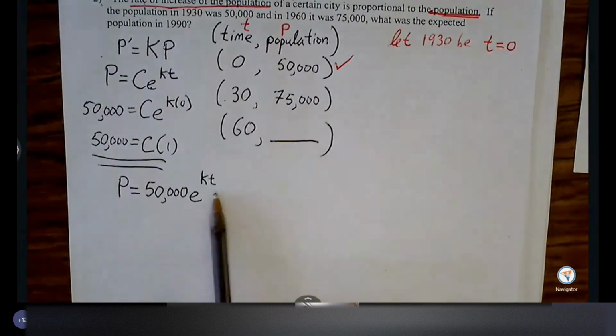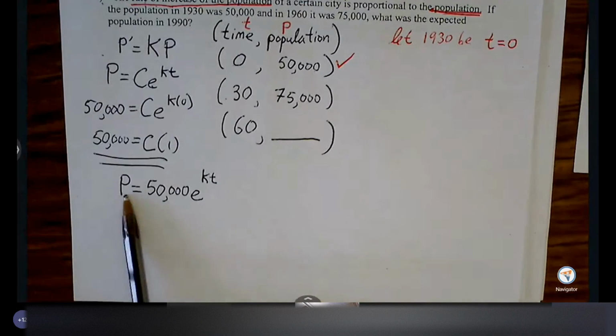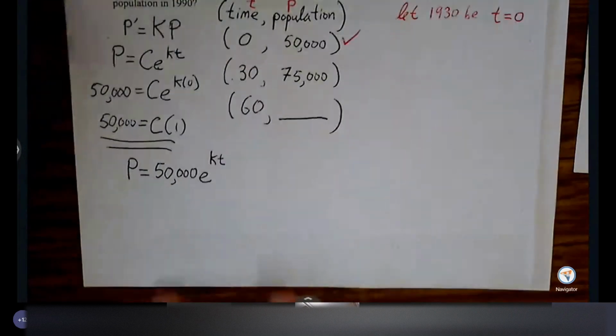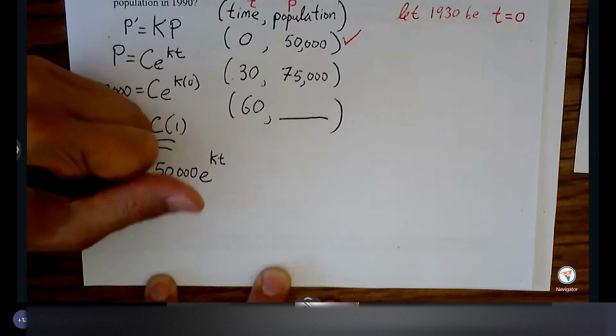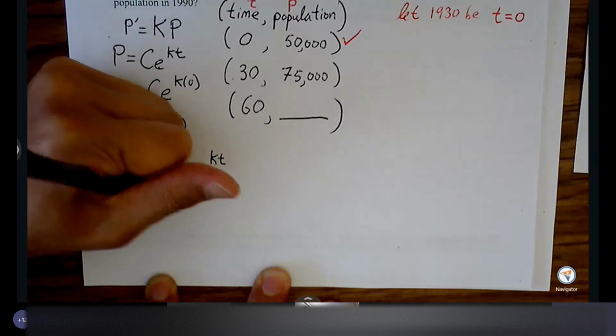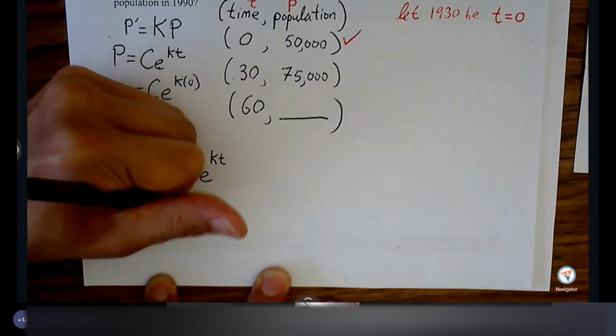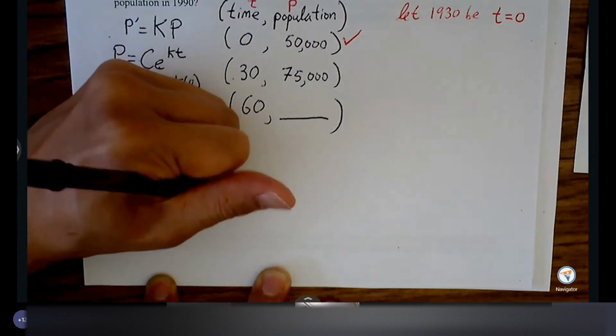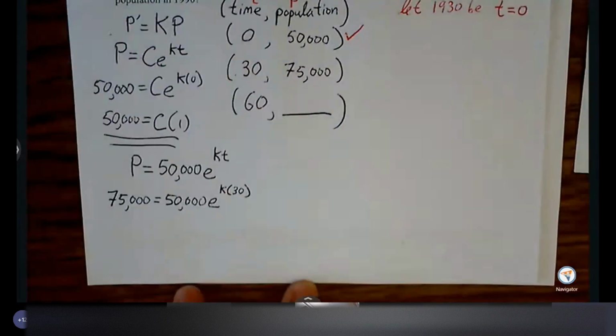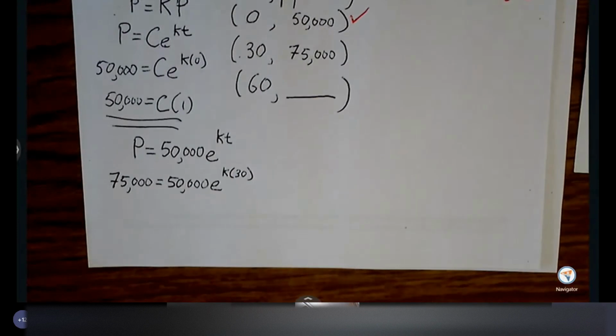I'm going to move on to my second ordered pair. So 30, I'm going to put in for t. 75,000 I'll put in for P, and we can decide what we can get from that. So what variable are we trying to solve for here? Okay, so we want to eventually get to k, but looks like there's a couple of things we can do ahead of time.